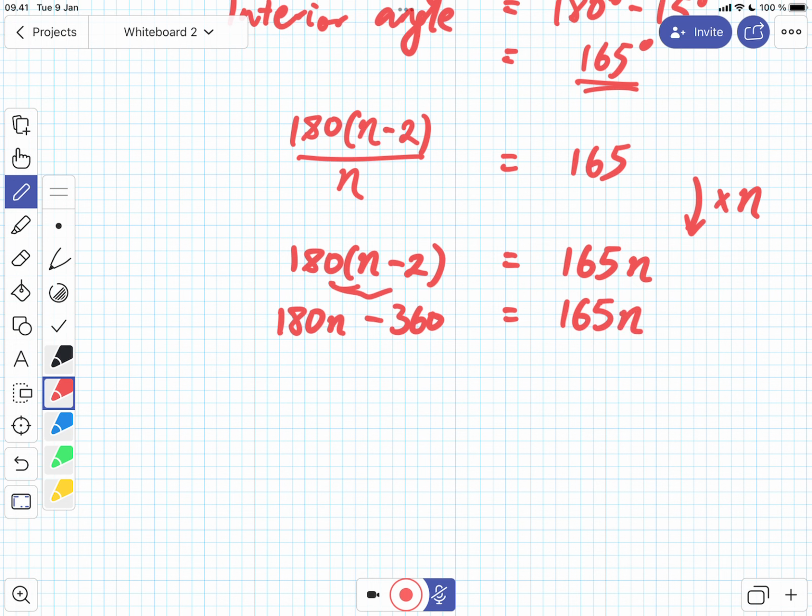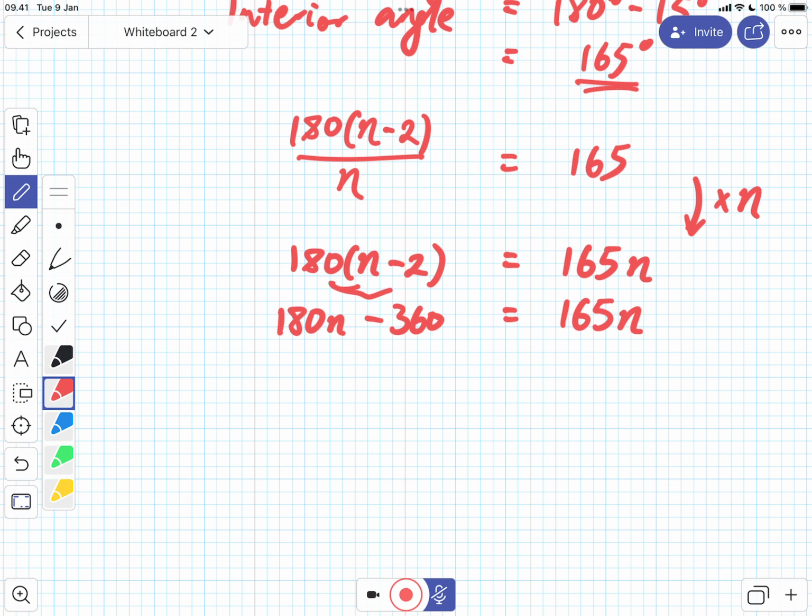I've got n on both sides, which I don't like, so I'm going to take away 165 n's from both sides to get 15n minus 360 on the left side equals 0. What I really want is all the n's on one side and all the numbers on the other side. So I'm going to add 360 to each side to get 15n equals 360.